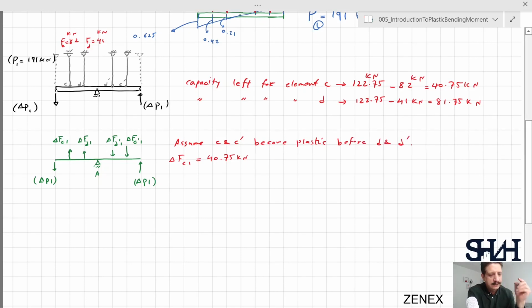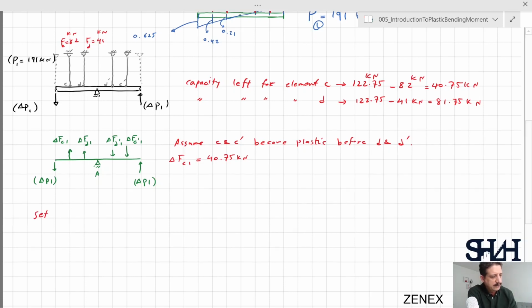So if this is valid, then the maximum force that we can apply on C and C prime is 40.75. Again, we need to come back to our compatibility equation. As far as C and D are still in their elastic phase, we can also apply the elastic equation.